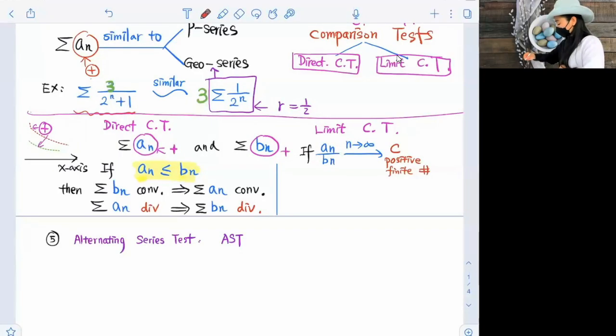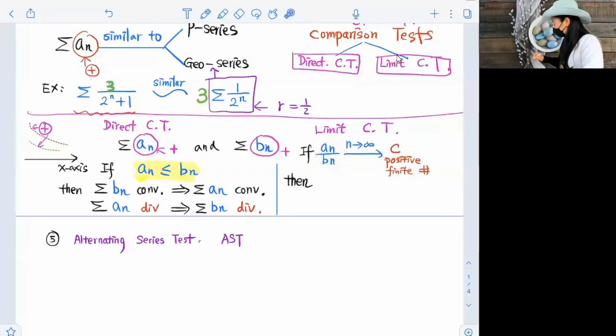Then what's the conclusion? Either both of them converge or both of them diverge. Remember, they come together and die together, right? Because in the long run, they're kind of constant multiples of each other, positive multiples.